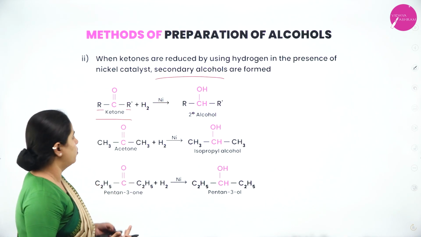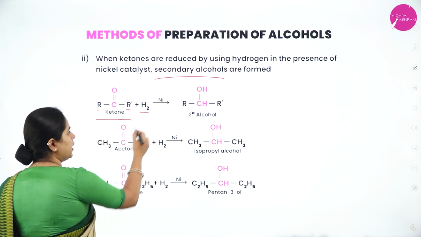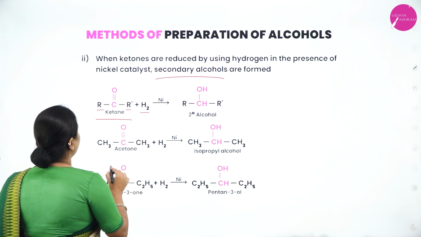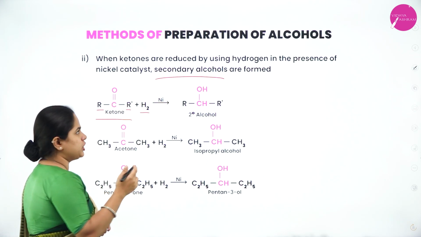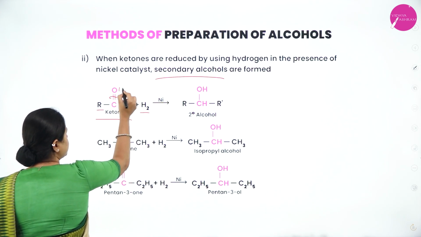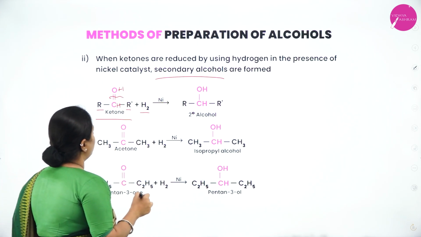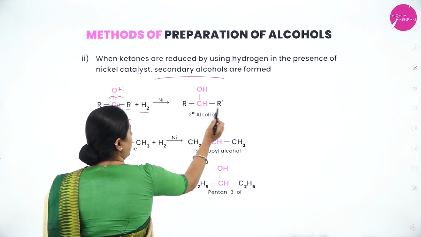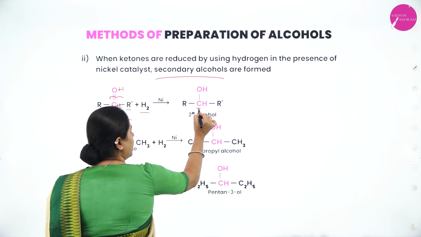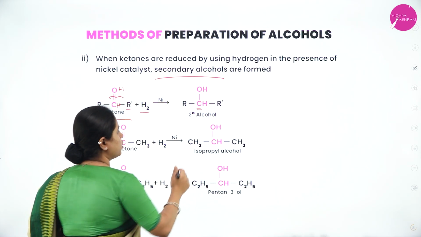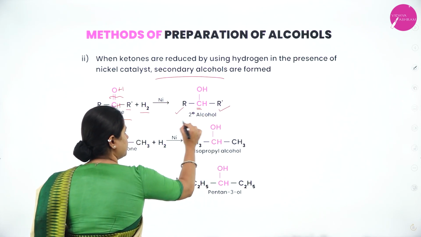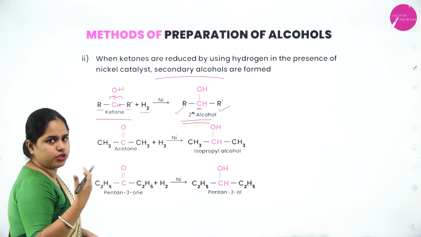It can be the same also. So this is a ketone to which we are adding hydrogen. Across this we are going to add hydrogen, right? This bond will break, one hydrogen added here, one hydrogen added here. So what are you going to get? RCHOH R dash. As you can see, this is the carbon atom attached to the hydroxyl group, which is further attached to two carbon atoms. So it is a secondary alcohol that you are going to get.